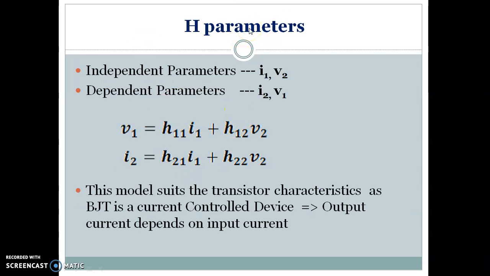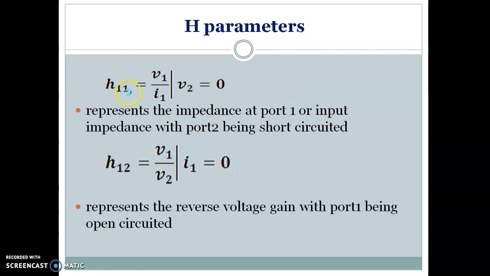Next we'll see about the H parameters. Here the independent parameters, we know, are I1 and V2, and the dependent parameters are I2 and V1. So my V1 is given as H11 I1 plus H12 V2, and my I2 is given as H21 I1 plus H22 V2. Now we will see what each of these terms H11, H12, H21, H22 represents.